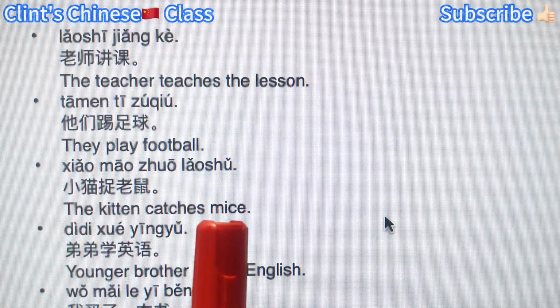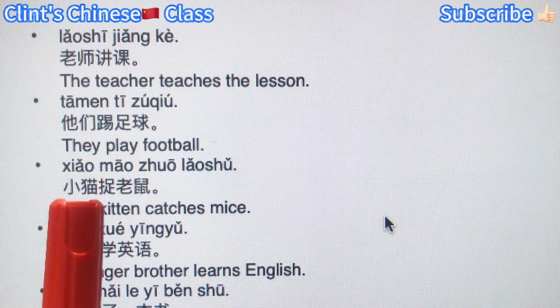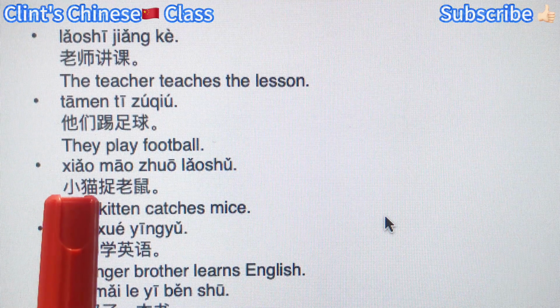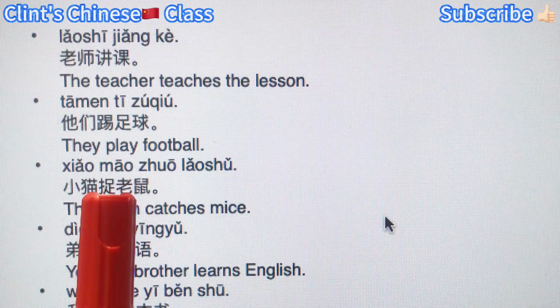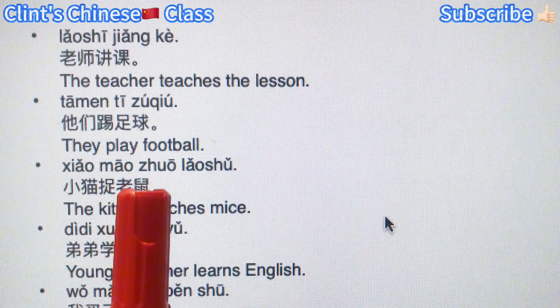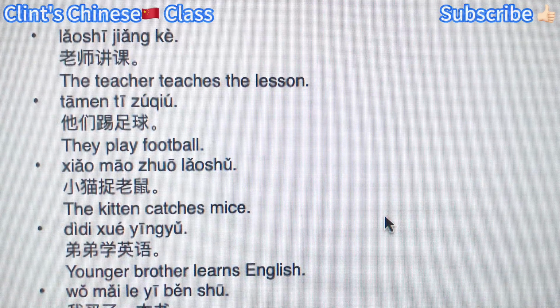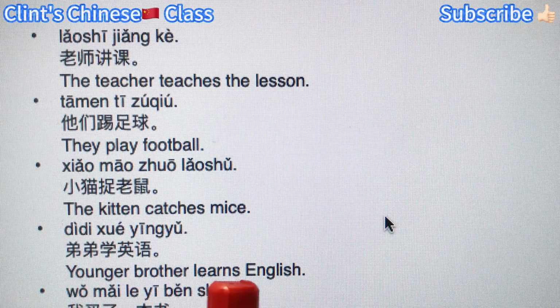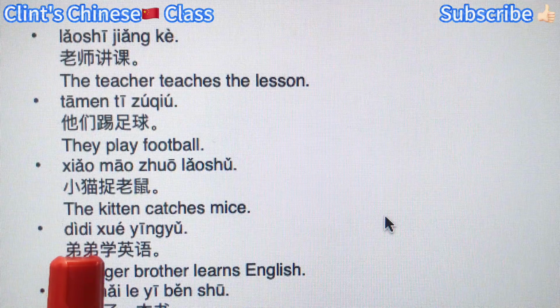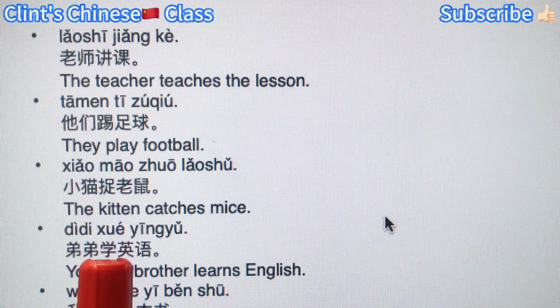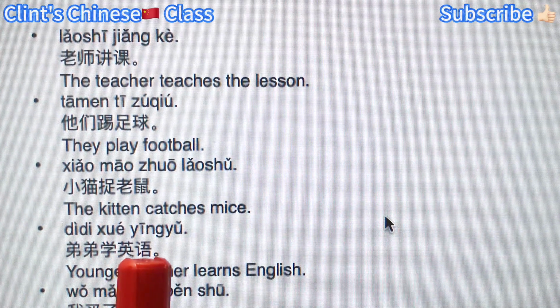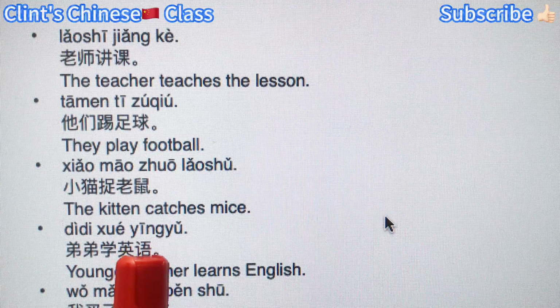The kitten catches mice. 小猫, subject, cat, right? The kitten. 捉, catches, catch. 老鼠, mice, right? Object. Younger brother learns English. 弟弟, younger brother, 学, study, verb, 英语, object, English.